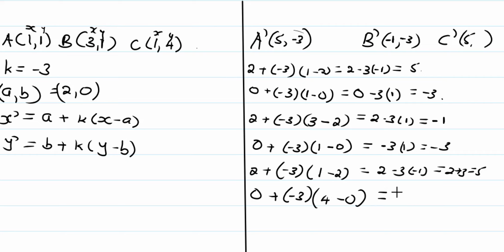So it becomes 0 minus 3, and when I open brackets, into 4 minus 0, which is still 4. So now it becomes 0 minus 3 times 4, which is negative 12. So it becomes negative 12 there.